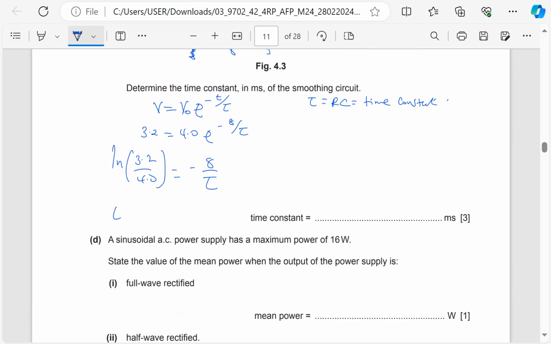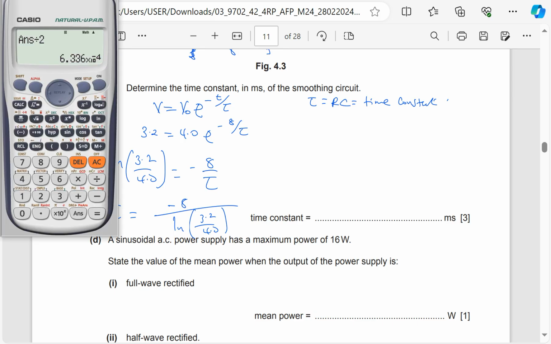So if I make tau the subject, tau is going to be negative 8 divided by ln of 3.2 divided by 4.0. From the calculator, I'll start from the denominator, ln of 3.2 divided by 4.0. Then I have negative 8 divided by the answer. So I'm getting 35.85 or approximately 36.